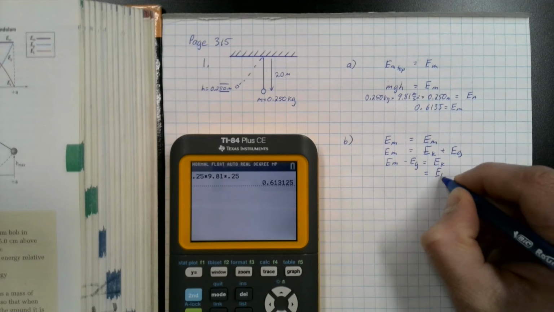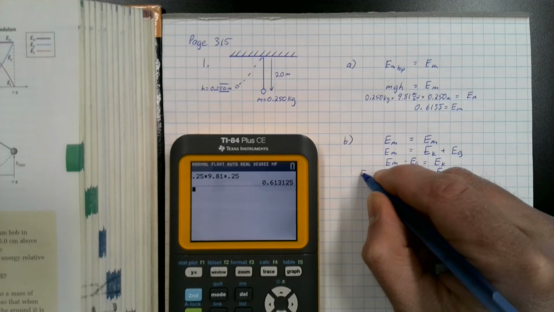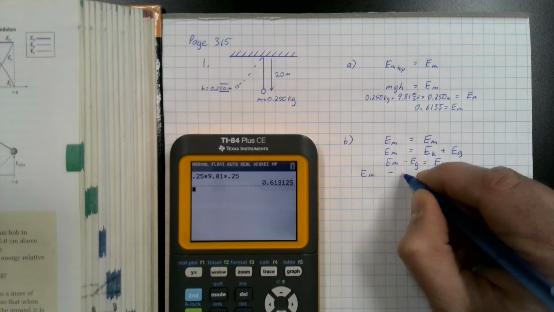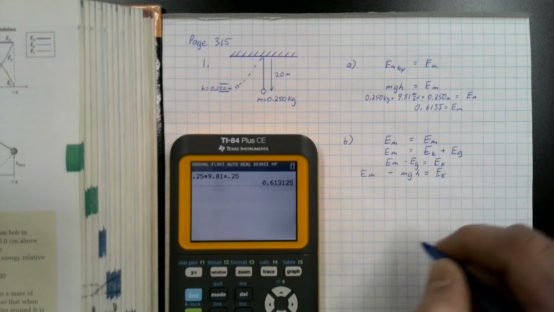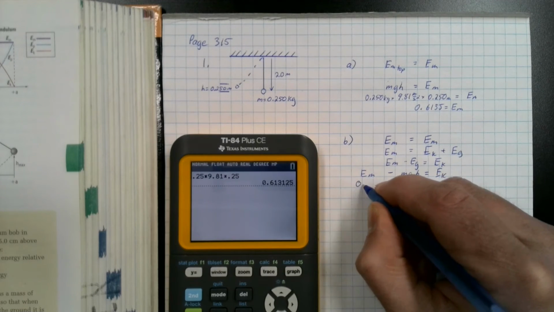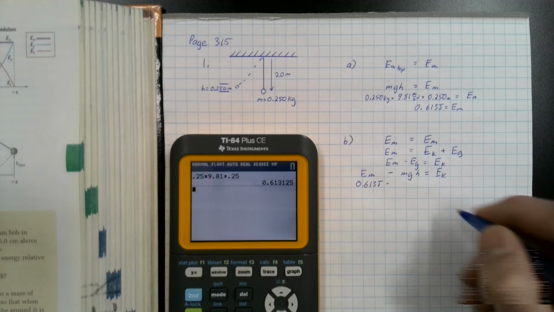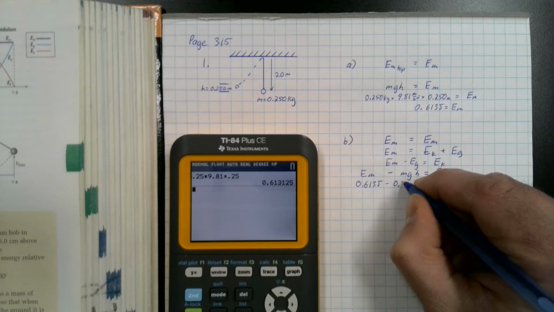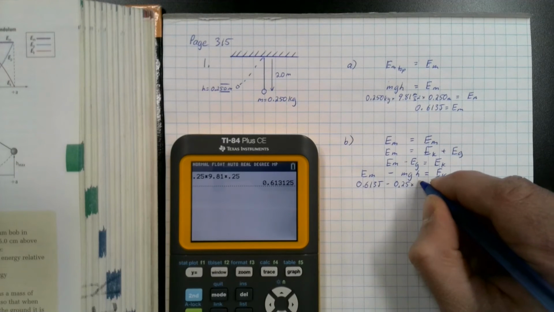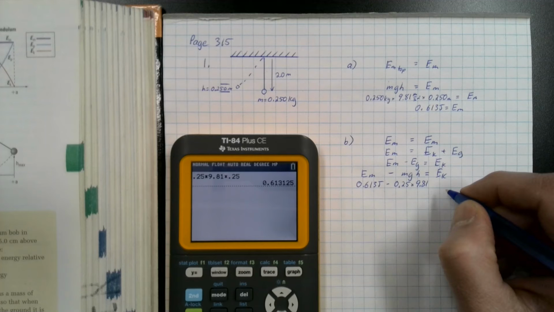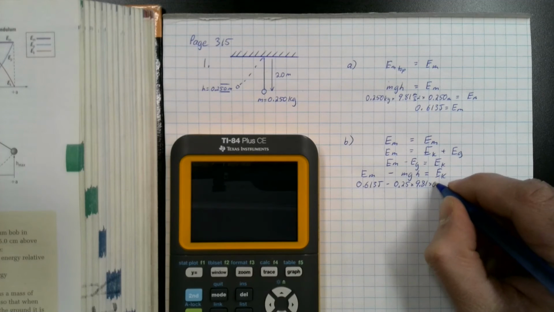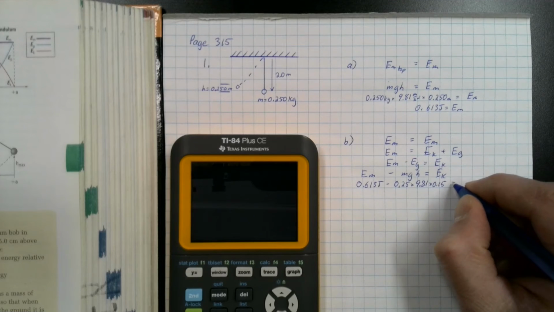So to find that kinetic energy, it's going to be our mechanical energy minus mgh. So our mechanical energy is 0.613 joules. Again, our gravitational potential energy will be the mass, 0.25 kilograms times g, 9.81, and our height, in this case we're 0.15 meters above the ground.